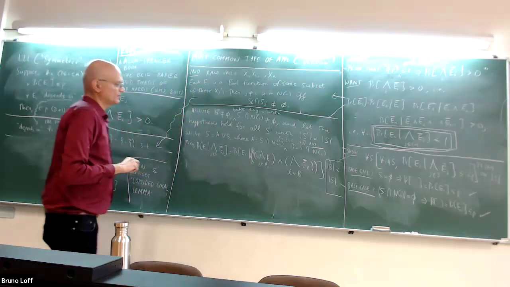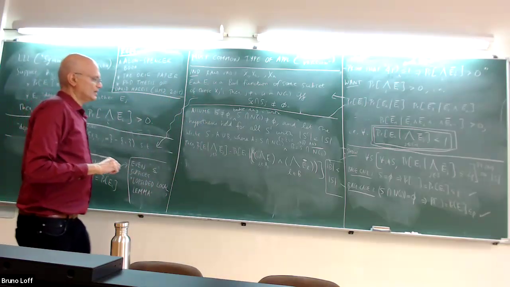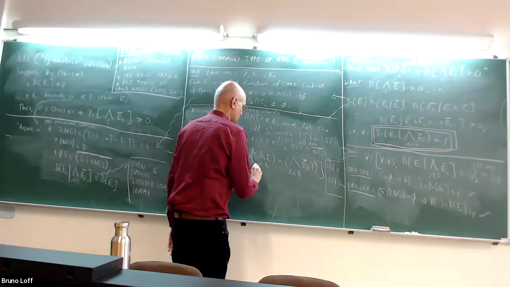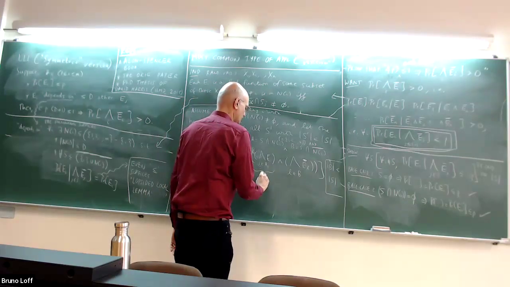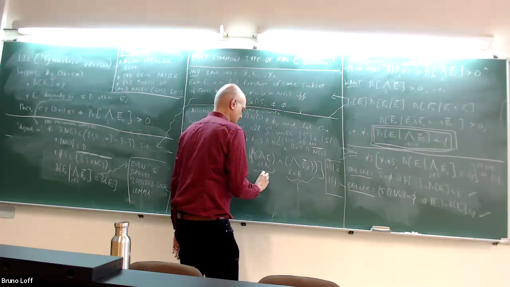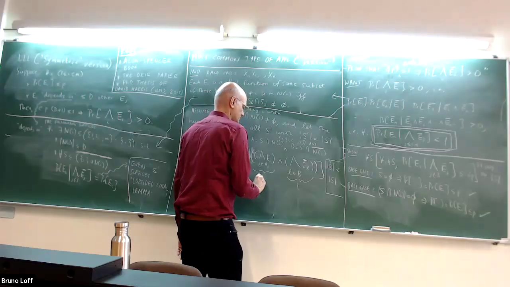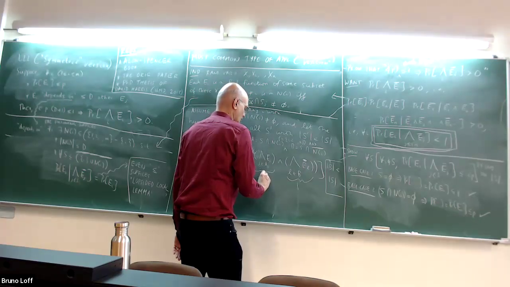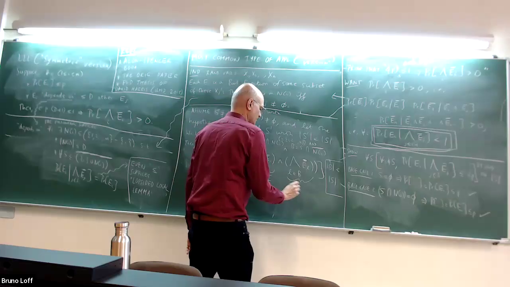Okay, good. Now let's think about this. Let's call this event U, let's call this event V, and let's call this event N_I, not independent and independent of some.